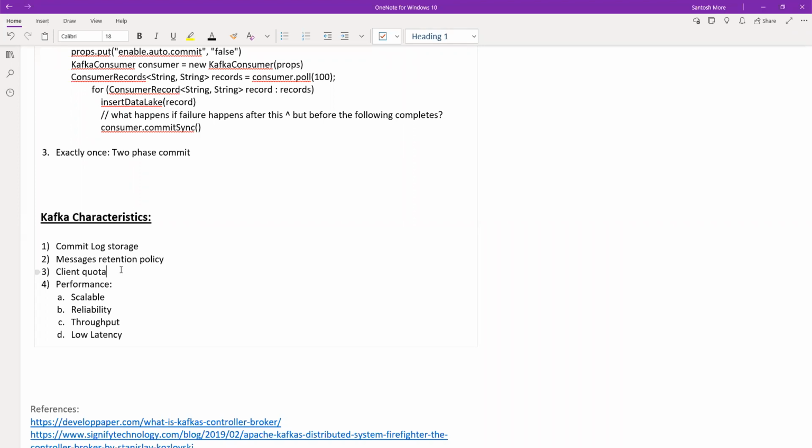Even on the consumer side, if it is trying to pull a lot of messages and the messages are not coming at that rate, a lot of requests are coming to the cluster from the consumer, and in that case it has to slow down those requests also. So that is why we have a client quota for the consumer side also, and that is again configurable.